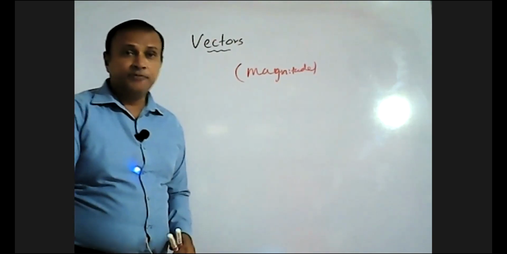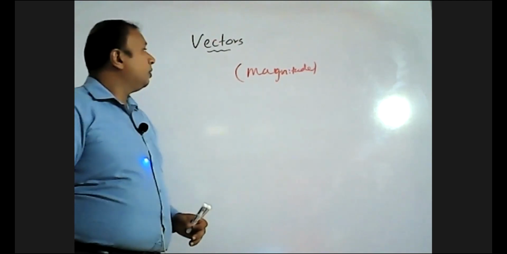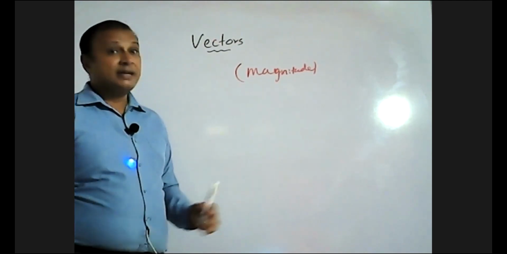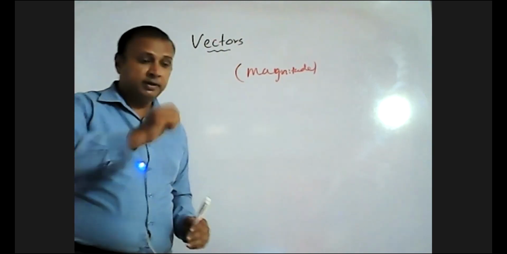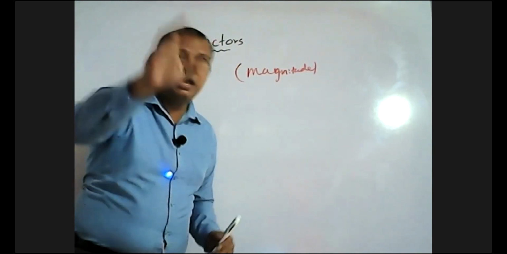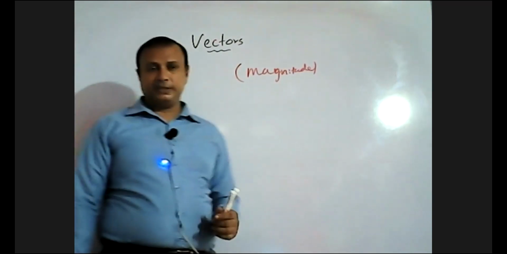We call that kind of physical quantity a vector. Physical quantities having both direction and magnitude are called vectors.